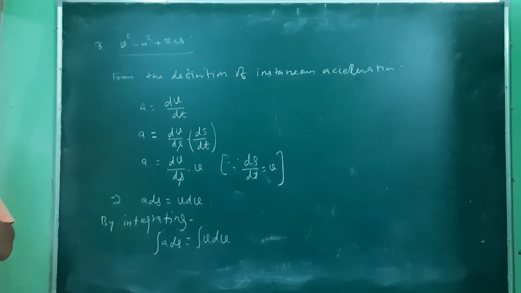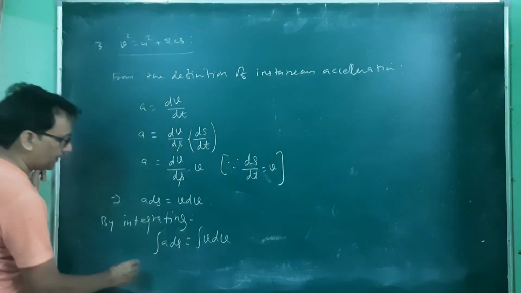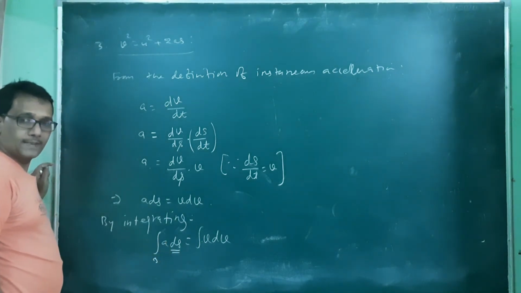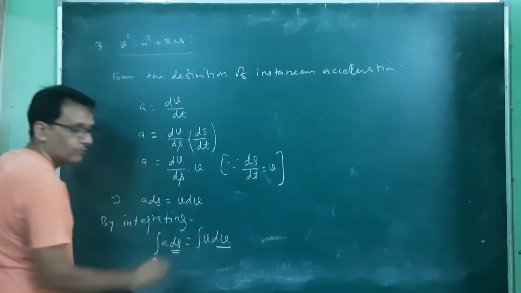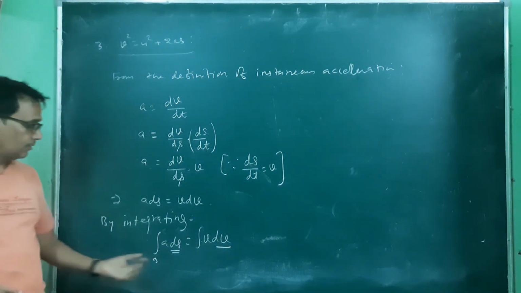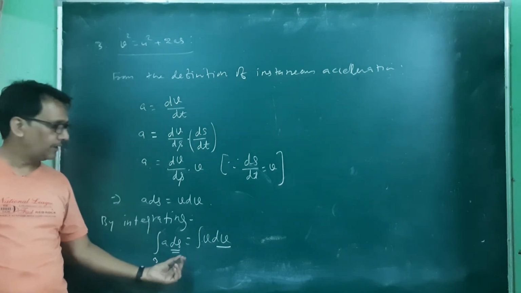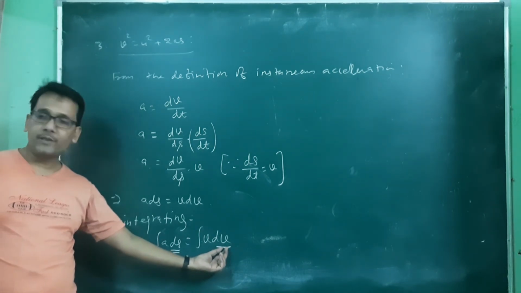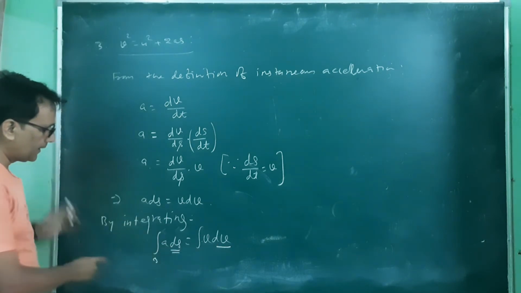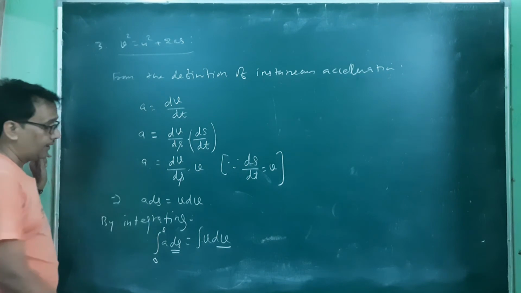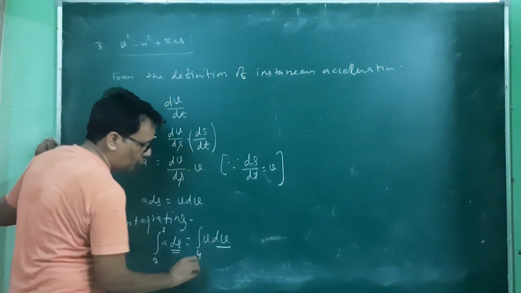Again we will put the limits. So initial position is 0, because this is with respect to s, and this is with respect to velocity. So we will put the limits of displacement here, and we have to put the limits of velocity here. So here that initial displacement is 0 to final displacement s, and here this initial velocity is u to final velocity is v.